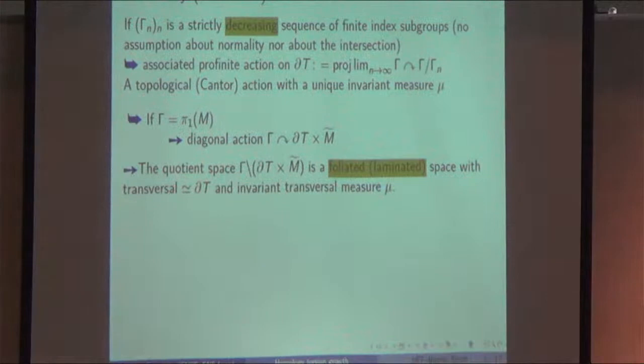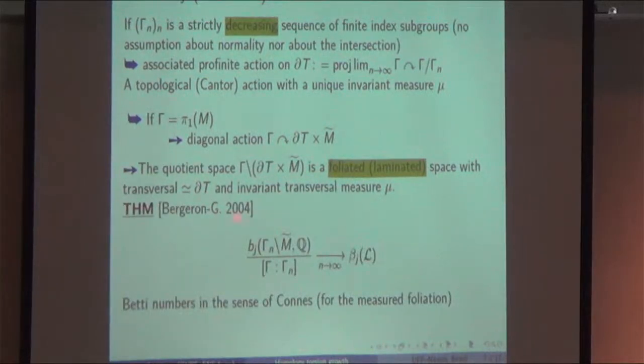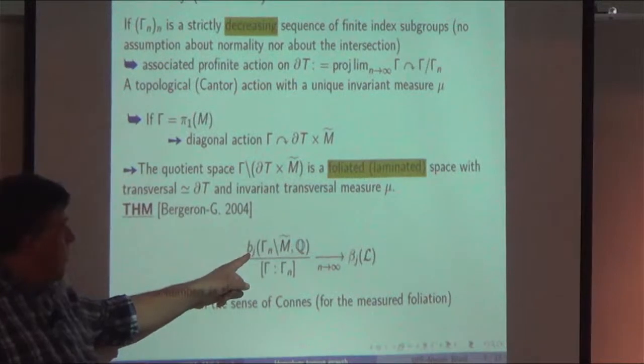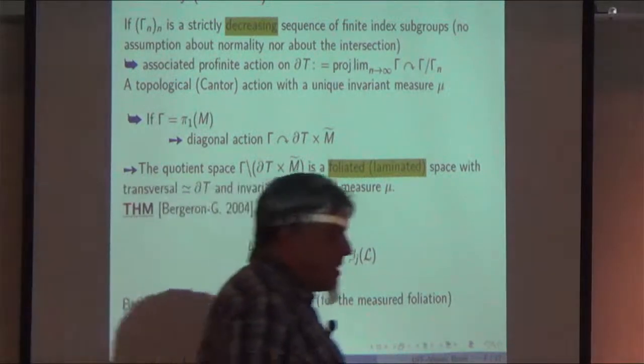With Nicolas Bergeron, some years ago, we proved that, in this context, where it is not exactly the Lück approximation theorem, so we have the same field, just the sequence is not made of normal subgroups, the quantity considered by Lück, the Betti number of M tilde mod gamma n with Q coefficients divided by the index, tends to a well-identified number, which is the Betti number of the foliation in the sense of Connes. Okay, so this is a generalization of the Lück approximation theorem.